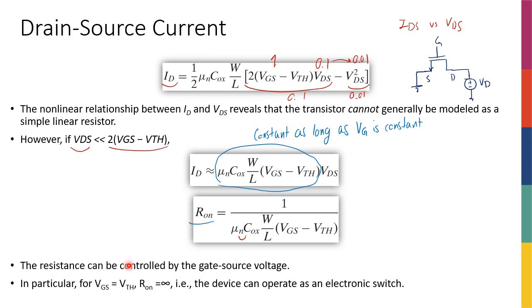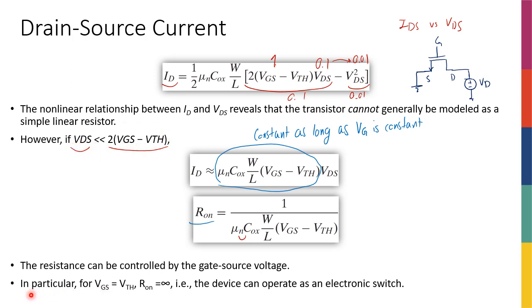Okay. So now we have a resistance that is controlled by the gate source voltage. You can see that it's dependent on VGS. So what we thought would be true is indeed true. But this purely resistive behavior holds when the drain source voltage, the voltage difference between drain and source, is very small.